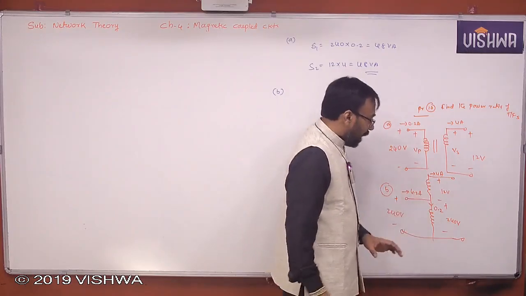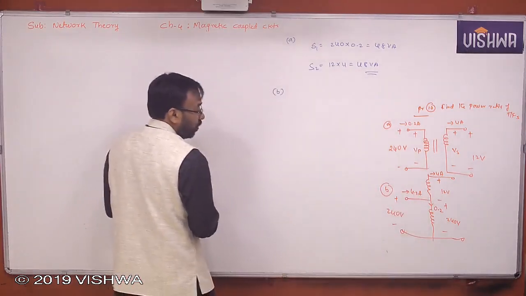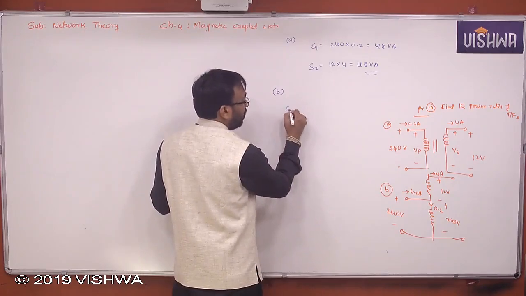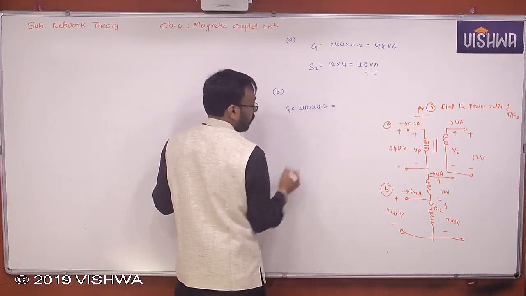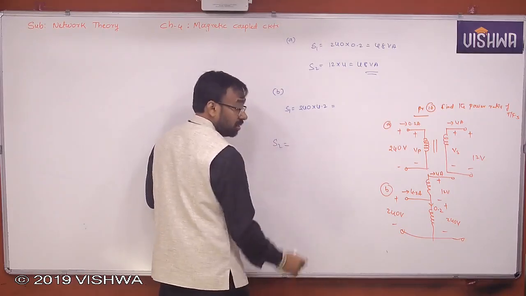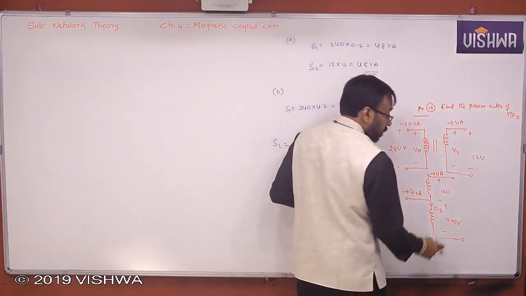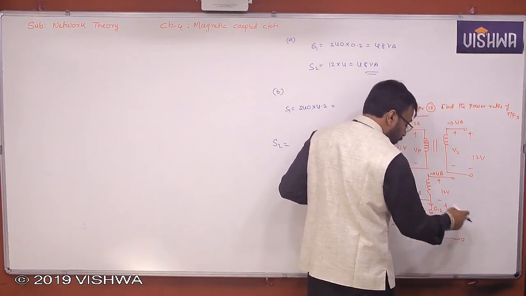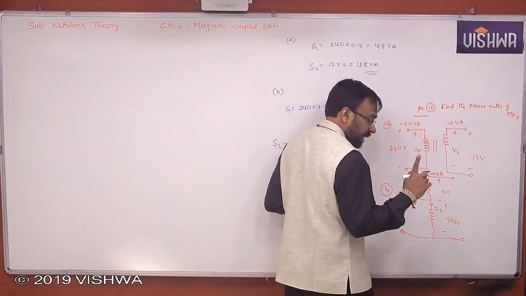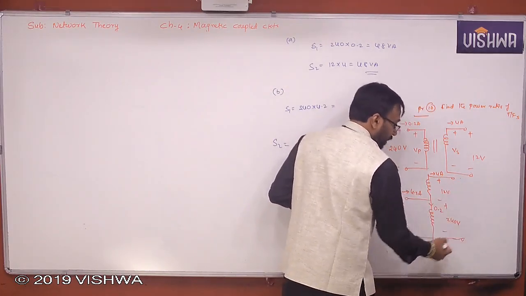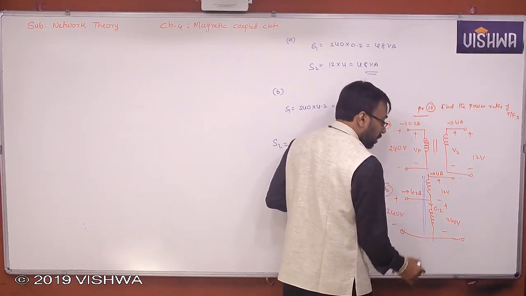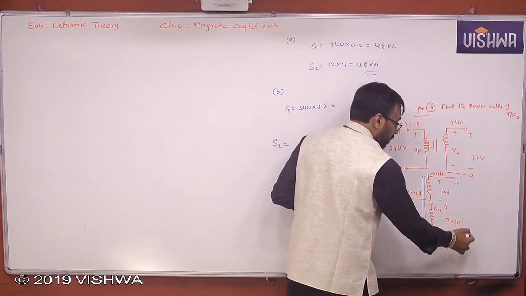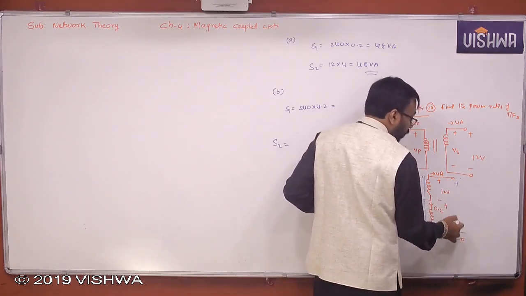Now in case of primary and secondary calculations, S1 will become 240 into 4.2. S2 is what? S2 means you are supposed to take the total voltage V2. Yes or no? What is the total voltage V2? When they are magnetically coupled, no doubt, what is the voltage here? This voltage will become 240 plus 12.